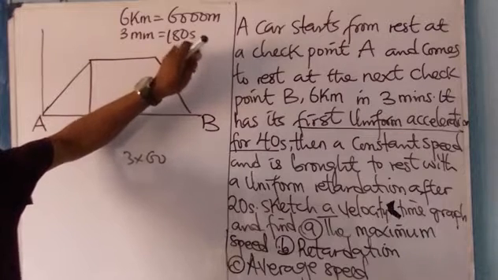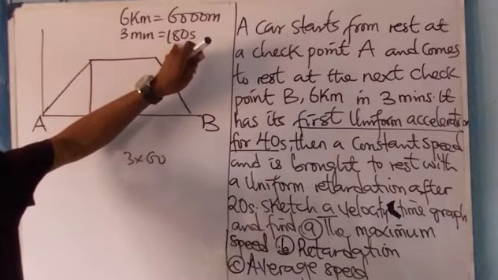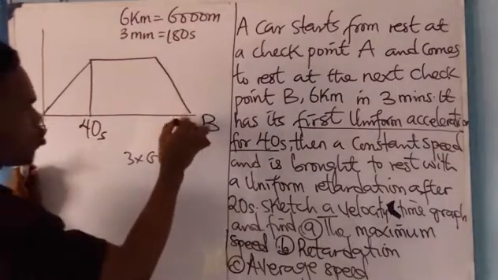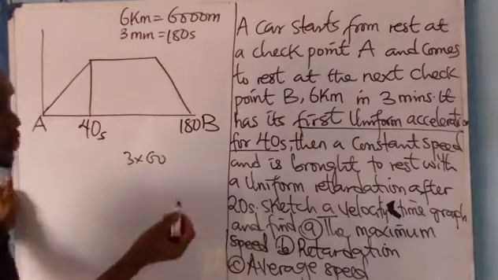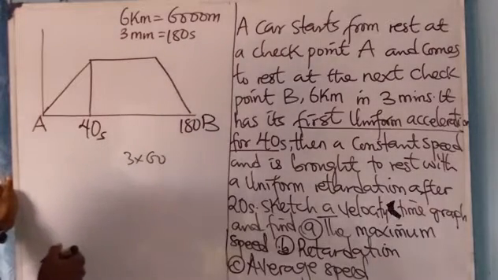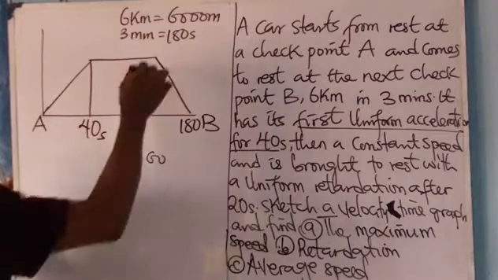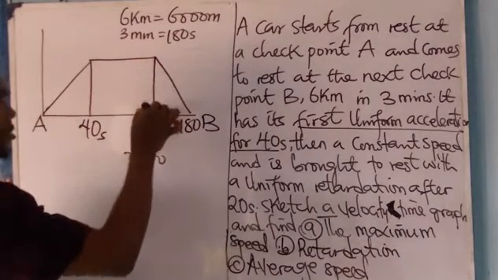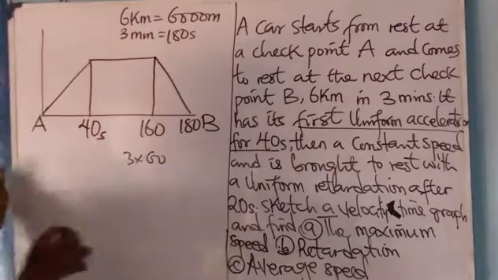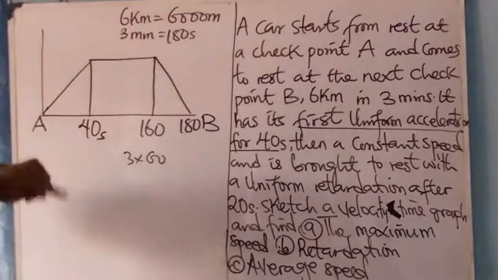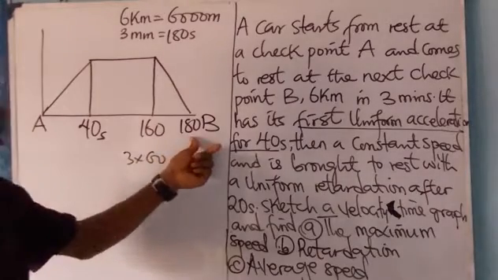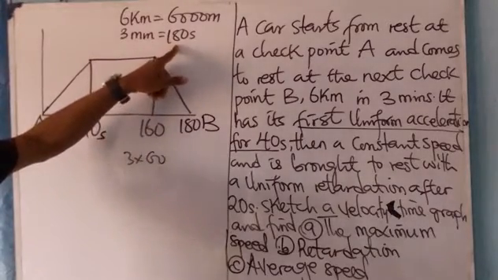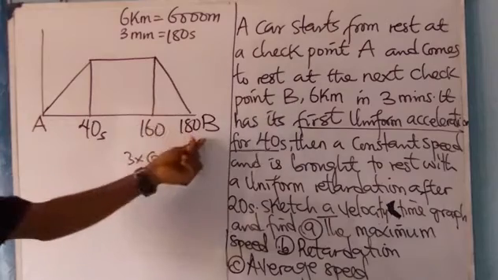At rest, it was 180 seconds, so you write here 180. So it was brought to rest, it was retarded for, that's after 20 seconds, which means that here will be 160, because 160 plus 20 gives you 180. So this is the time used in coming down.